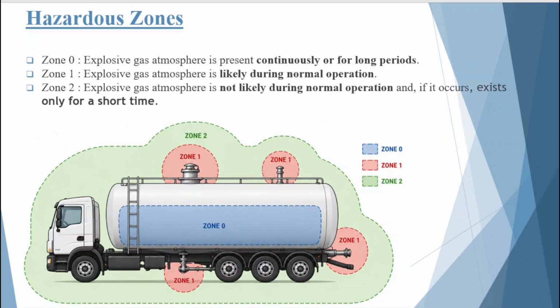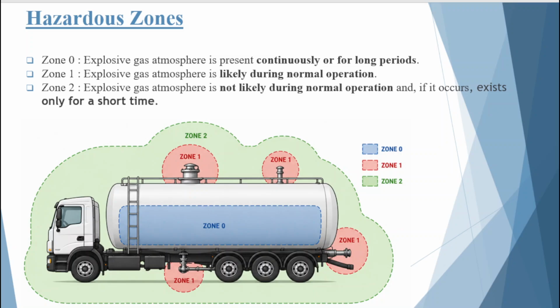Finally, we have Zone 2. Zone 2 is the least hazardous of the three gas zones. Under normal operating conditions, an explosive atmosphere is not expected to be present. If it does occur, it is only due to an abnormal event, such as equipment failure, and it remains present only for a short duration.